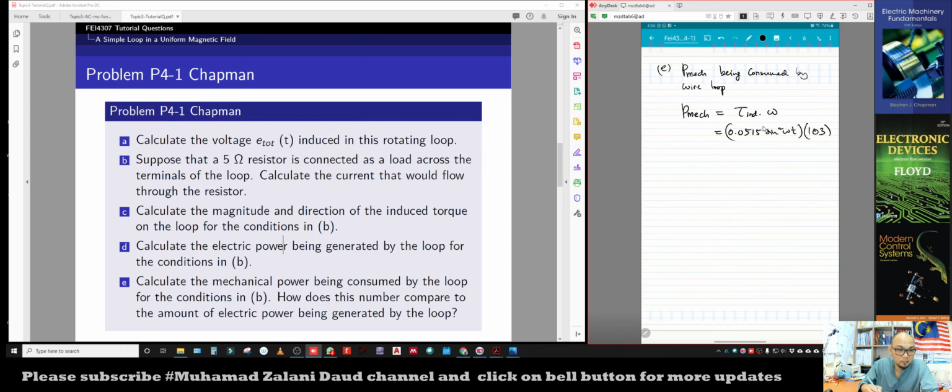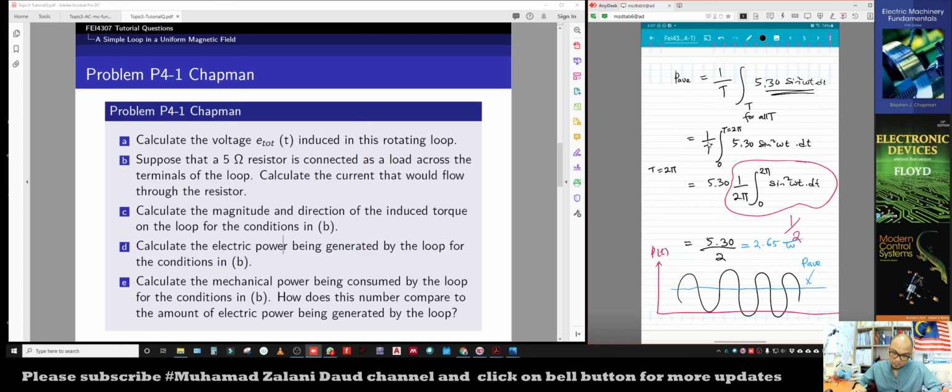Then we can easily get this answer. What we can observe from this answer is 5.3 sine square omega t. What that means is the mechanical power being absorbed by the wire loop is the same as the electrical power.